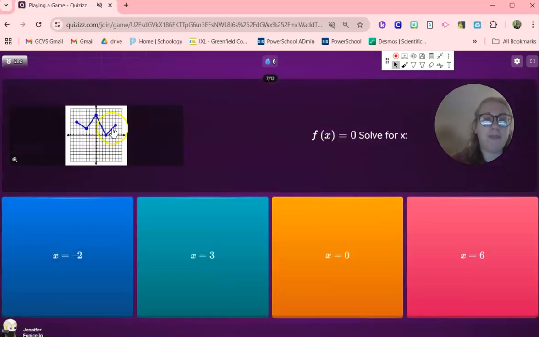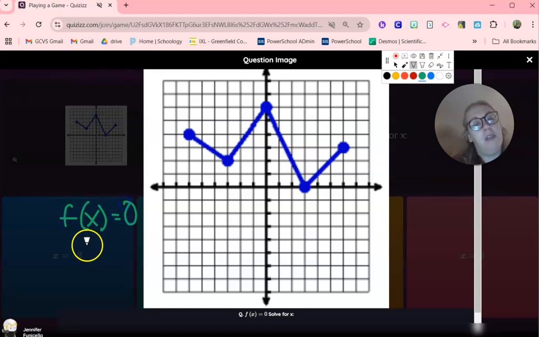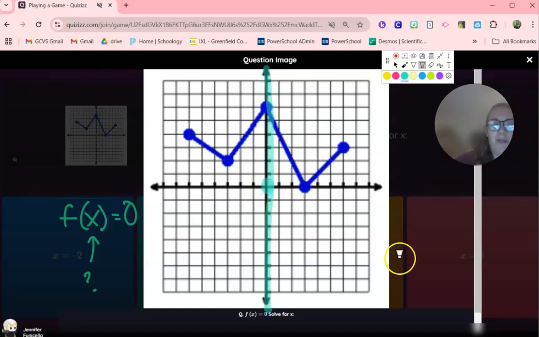Halfway through, y'all. So this one, it says, hey, the output is 0. What is the x? That's what we're trying to find. So what x would you plug in to get a y value of 0? So here's our y-axis, and 0 is in the middle.